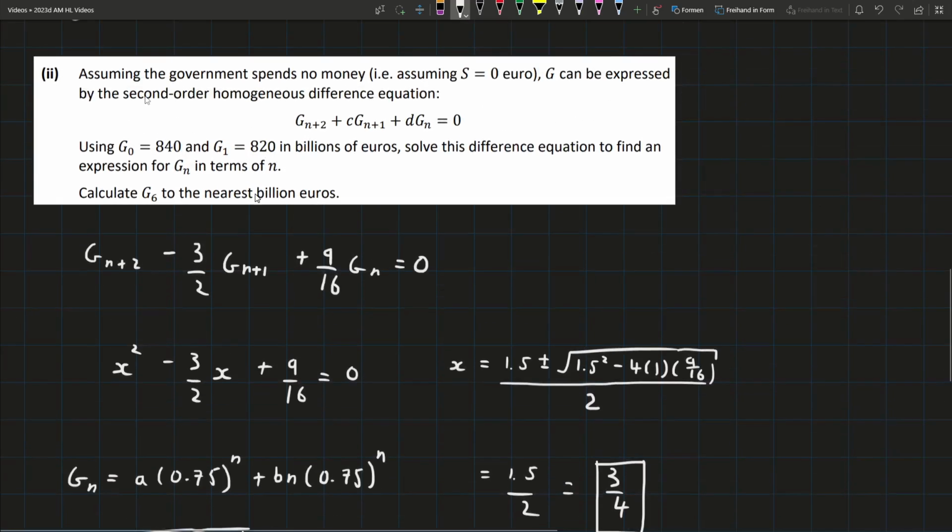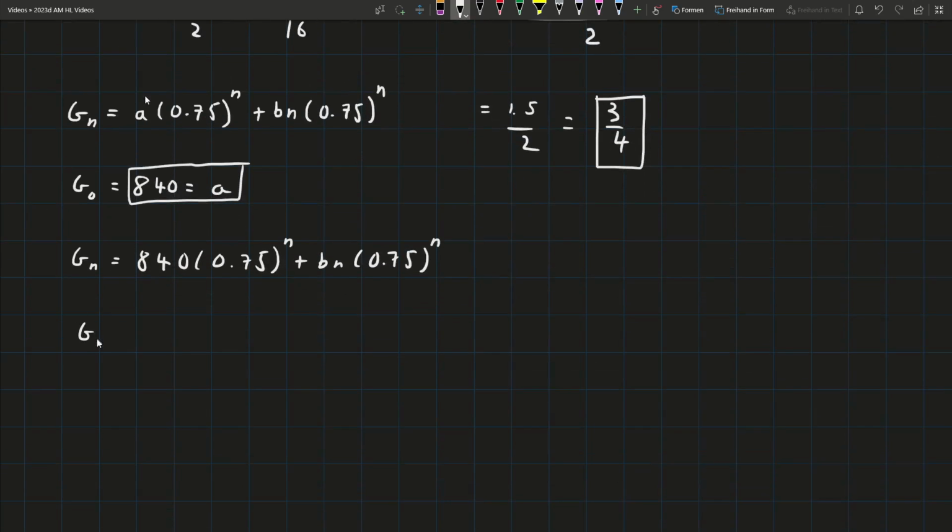We know that g1 is 820. So we'll have g1 is 820, which is equal to, well, actually, I'll write it the way that it's there, just replacing all those n's with 1: 840 times 0.75 plus b times 1 times 0.75. So we'll get 820 equals, what's 0.75 times 840?